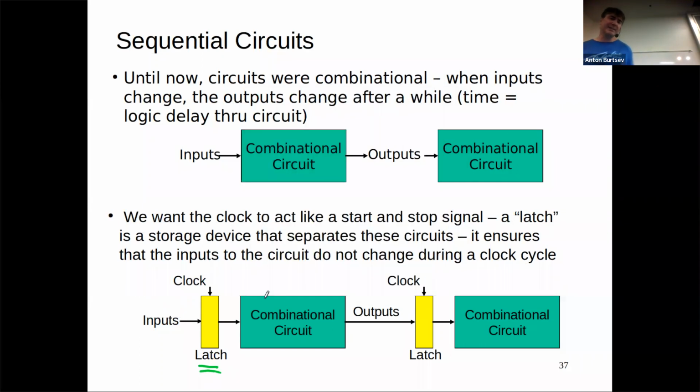But in many cases a latch is fine as well: if you achieve a stable state within a half cycle, the latch will remember it for the next half cycle. So as long as your logic here fits in a half cycle and produces a stable output, it's fine to have a latch here. But in practice, we will always be using a flip-flop.